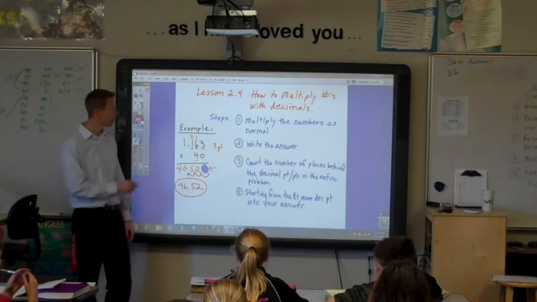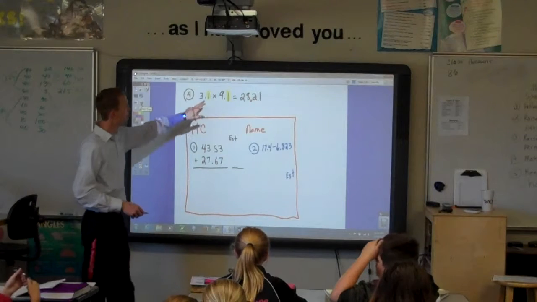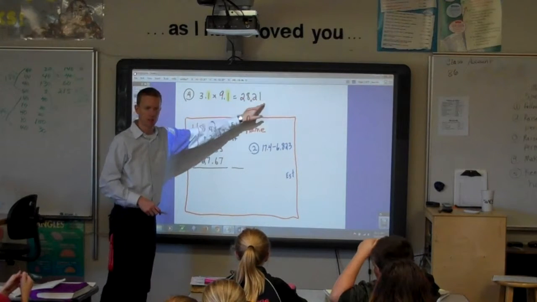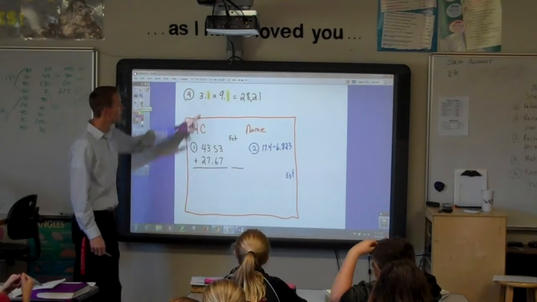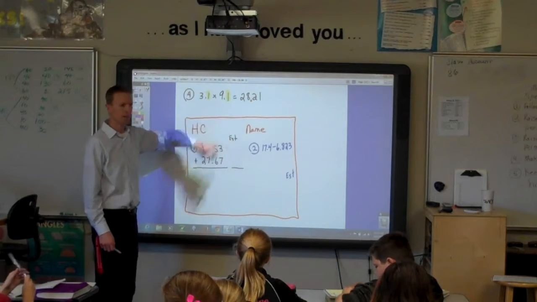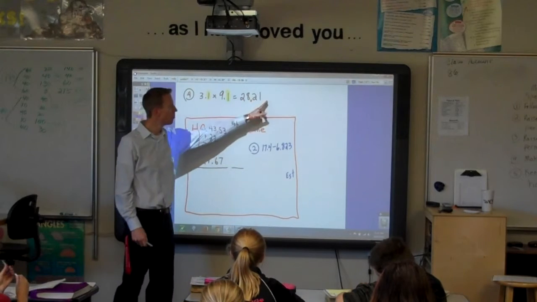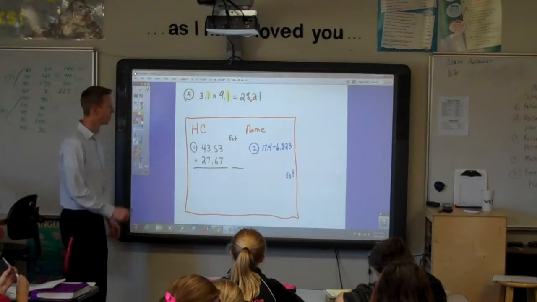If both numbers have them, then there'll be two numbers. Okay, this one, both 3.1 and 9.1 have a place behind the decimal point, so we had to move it 2 places into the answer.